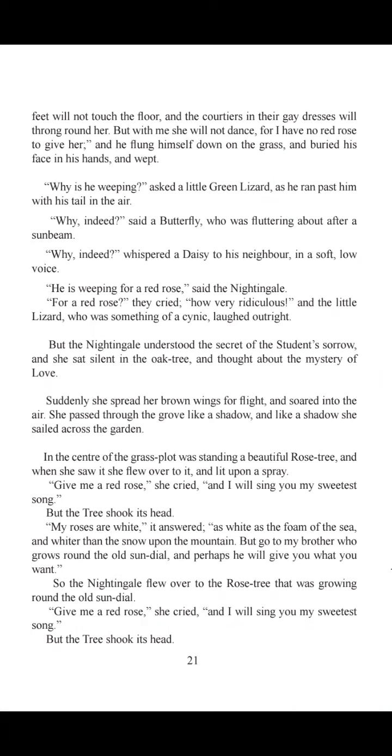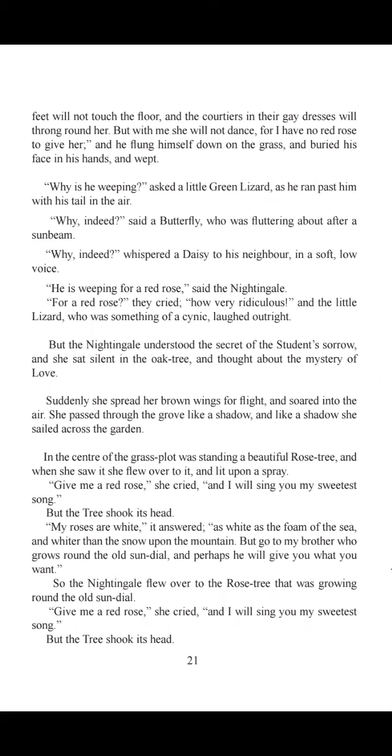"Suddenly, she spread her brown wings for flight and soared into the air. She passed through the grove like a shadow, and like a shadow, she sailed across the garden." So now the nightingale is giving its fullest effort to find a red rose, because it knows that if the boy could give a red rose to the girl, they could dance at the ball tomorrow night.